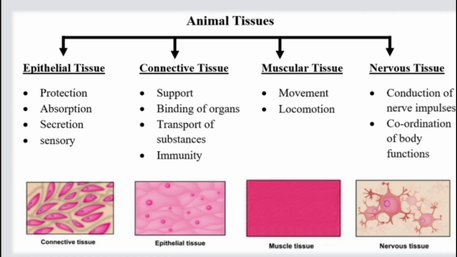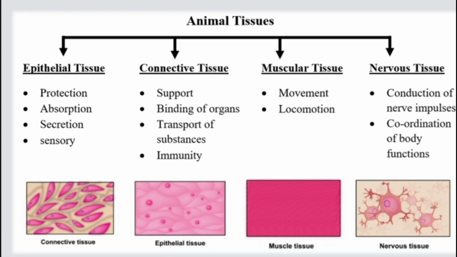Animal tissues and their functions. What is the main function of these animal tissues? The first one, epithelial tissue: protection, absorption, secretion, and sensory. The second one, connective tissue: support, binding of organs, transport of substances, and immunity. Muscular tissue: movement and locomotion.